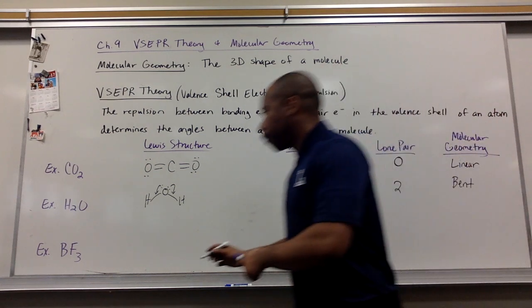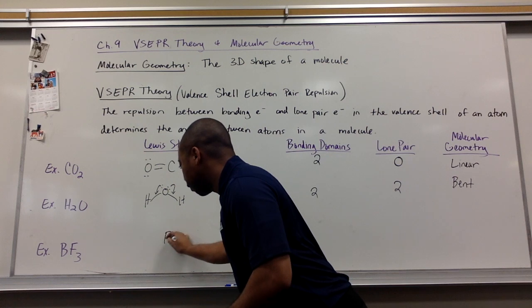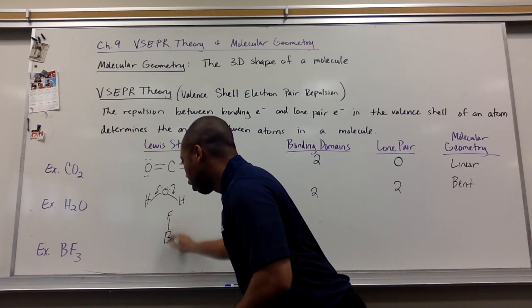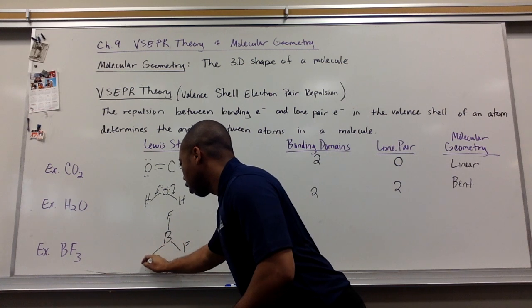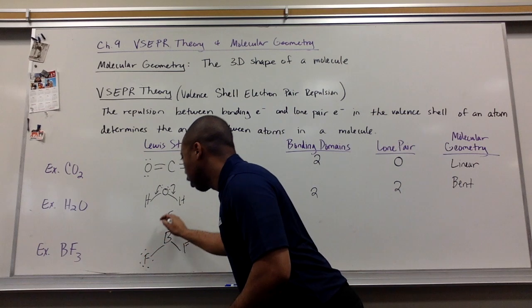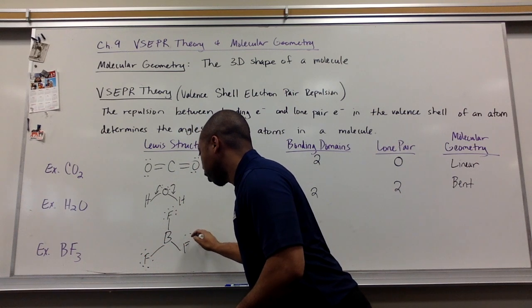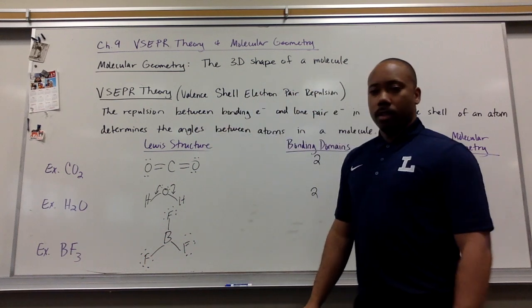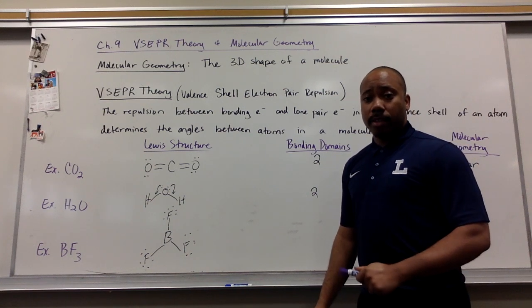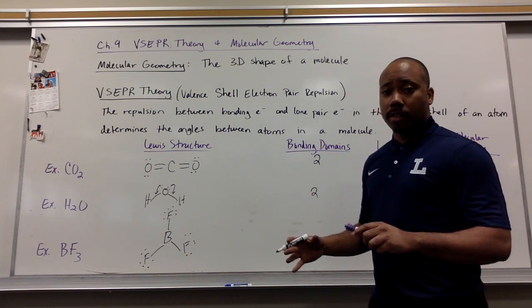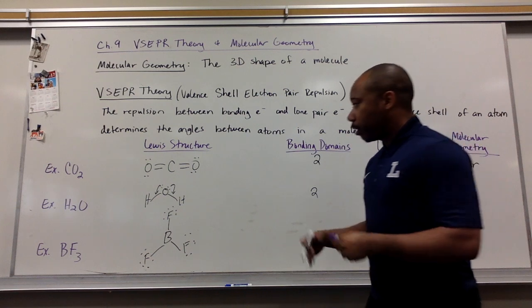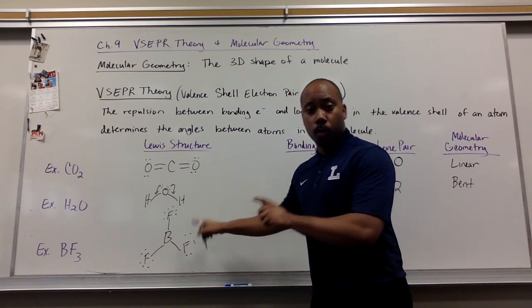Next, BF3, so boron trifluoride, has this particular Lewis structure. Now we know this is hypovalent. It can have less than the octet, and it's defined that way based on its formal charge arrangement. So we're good here.